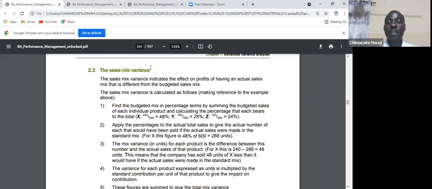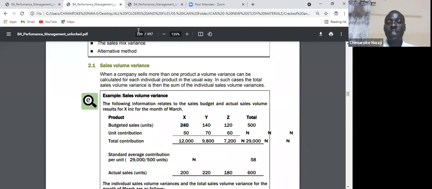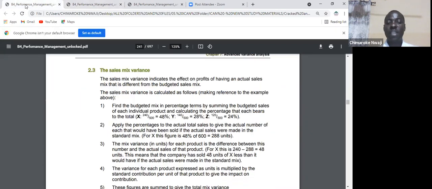This means that the company has sold 88 units less of X than it would have sold if the actual sales were made in the standard mix.